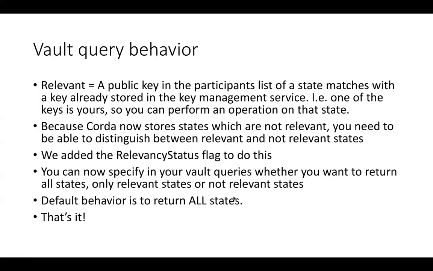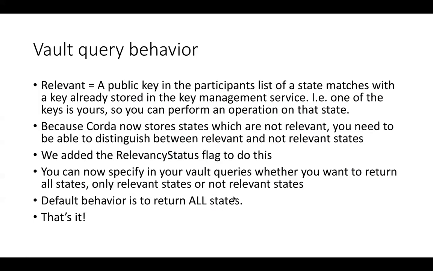That is a good point. So yeah, if you've got a custom schema for your state, then you can query by owner if you want to. And if you query by owner, and you use, say, your public key, let's say everyone uses the same public key for all transactions, then by definition, you would only get relevant states returned. If you query using a public key that is not yours, then you will get only not relevant states returned, right?